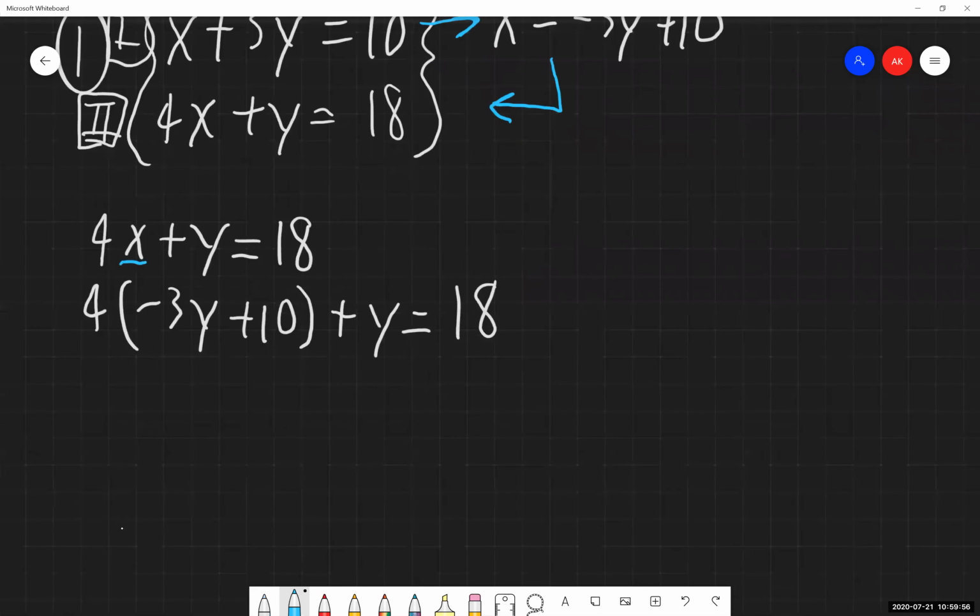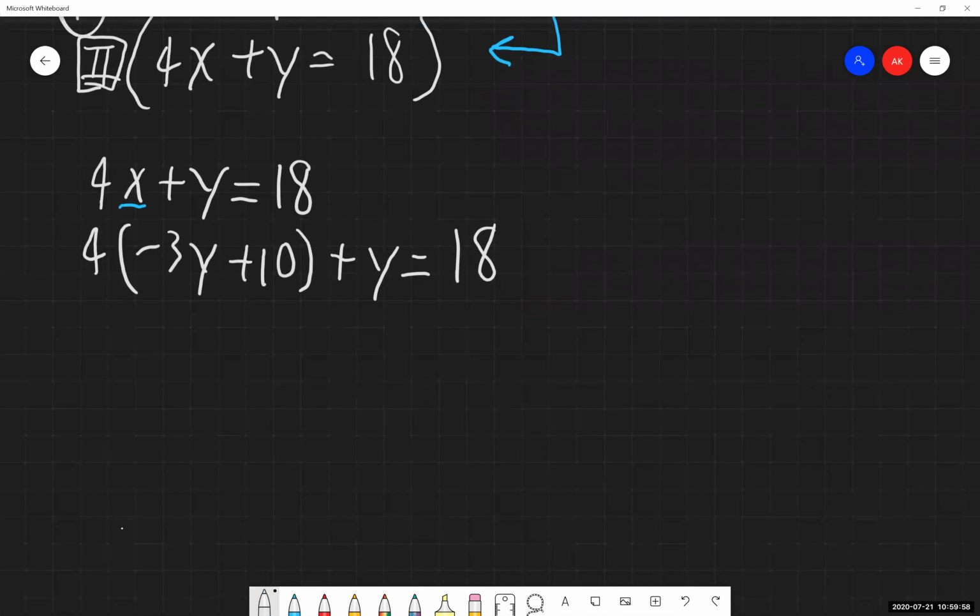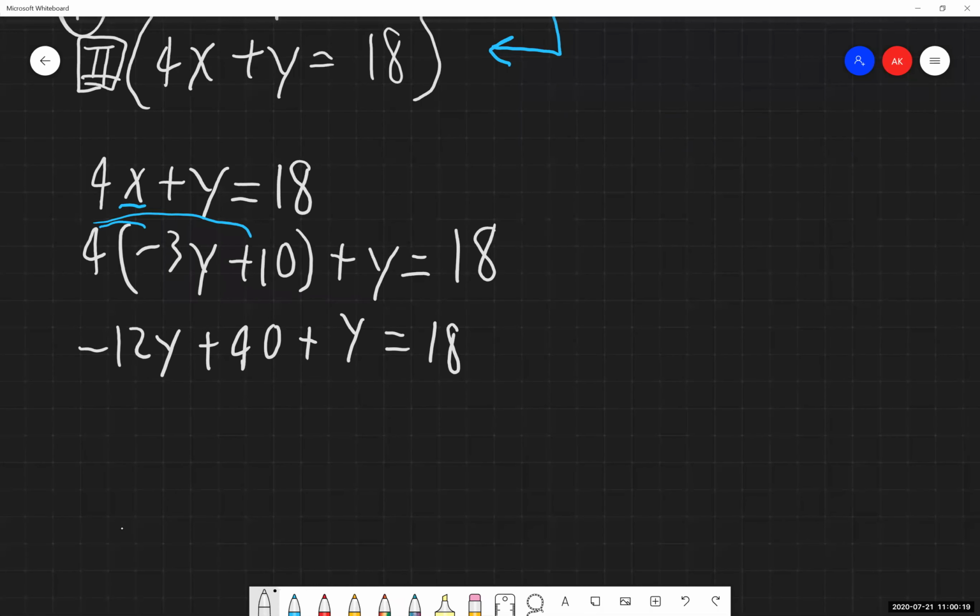And now from here, nothing fancy. Step 3, solve the resulting equation. And now I'm solving this thing for y. So everything that we've been doing, I think all the way back from chapter 2 even. So 4 is distributing through. Combine like terms on the left-hand side.